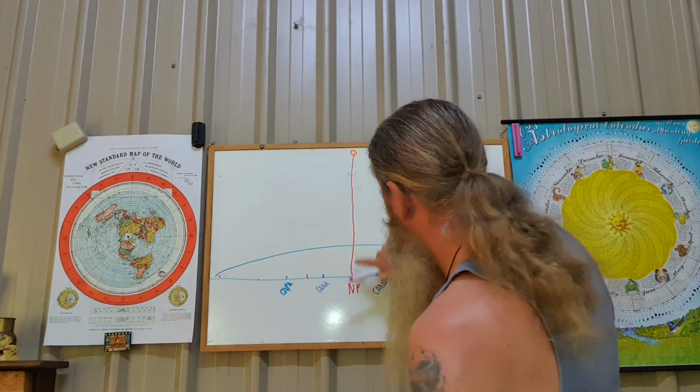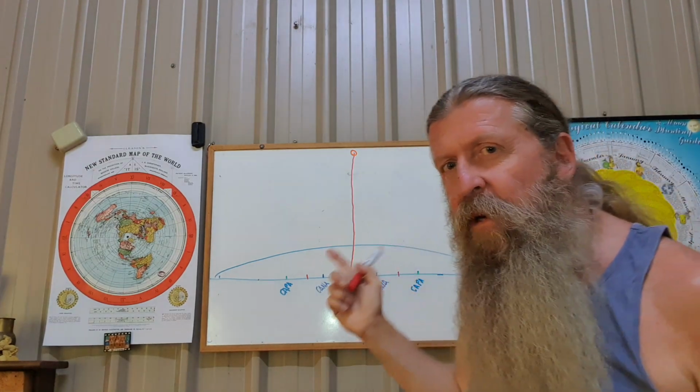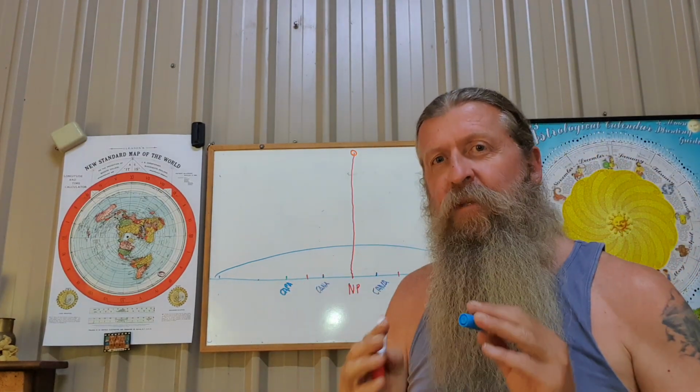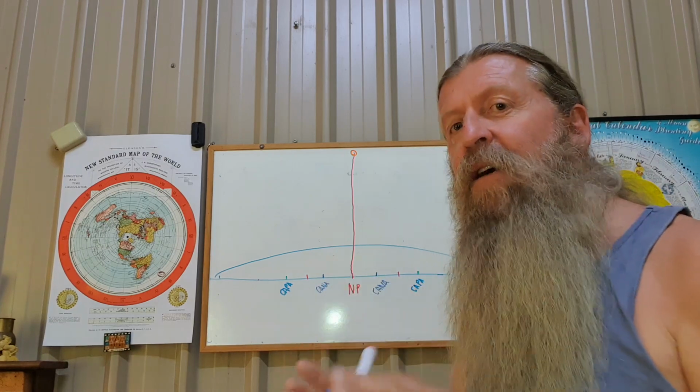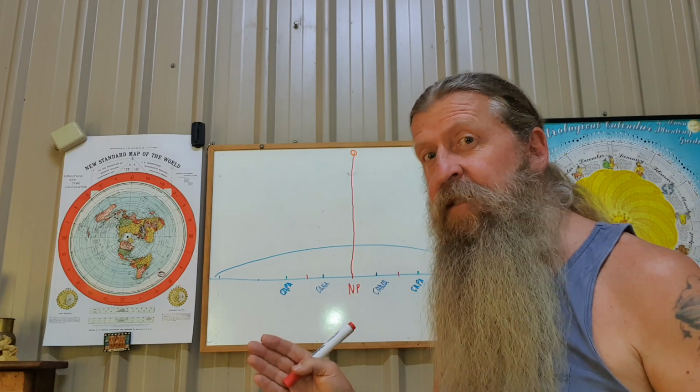So basically, that's a straight line to Polaris. Now, this is a theory I'm working on, okay, and I'm sure that the hive mind will help me out a bit on this, but I think it works.